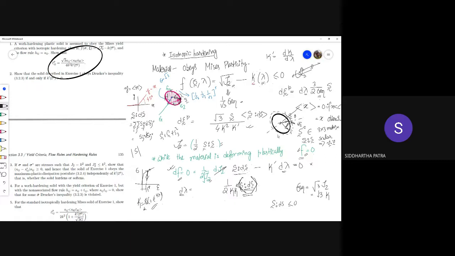If this quantity is greater than 0, then it represents the increase in the size of the yield surface, and therefore your d lambda would be this quantity without the Macaulay bracket. That is when the equality holds for f and also for df.